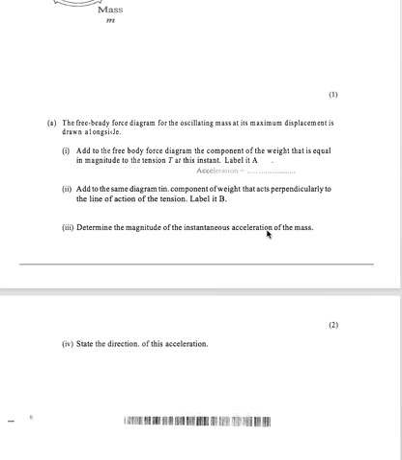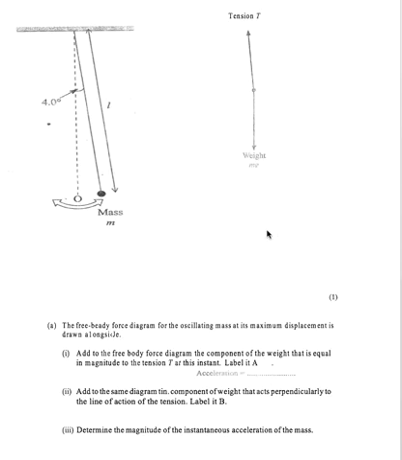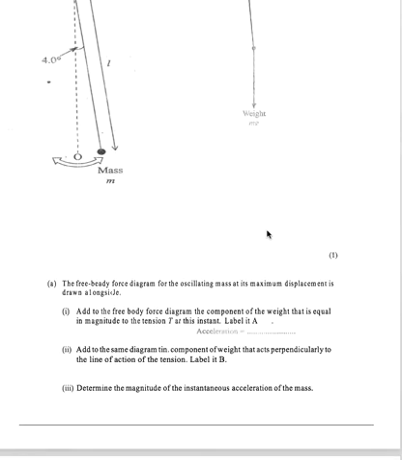Determine the magnitude of the instantaneous acceleration. Well, here, of course, we're going to have to work out the component of the weight. And that is going to be equal to ma.